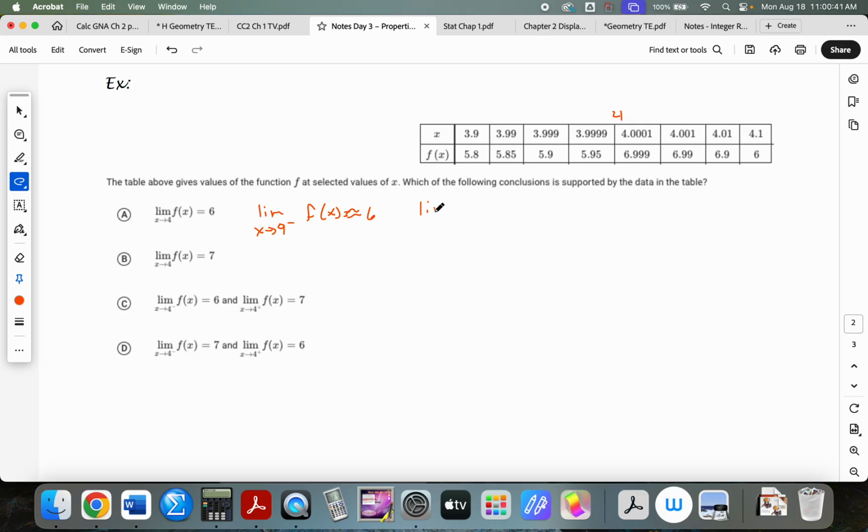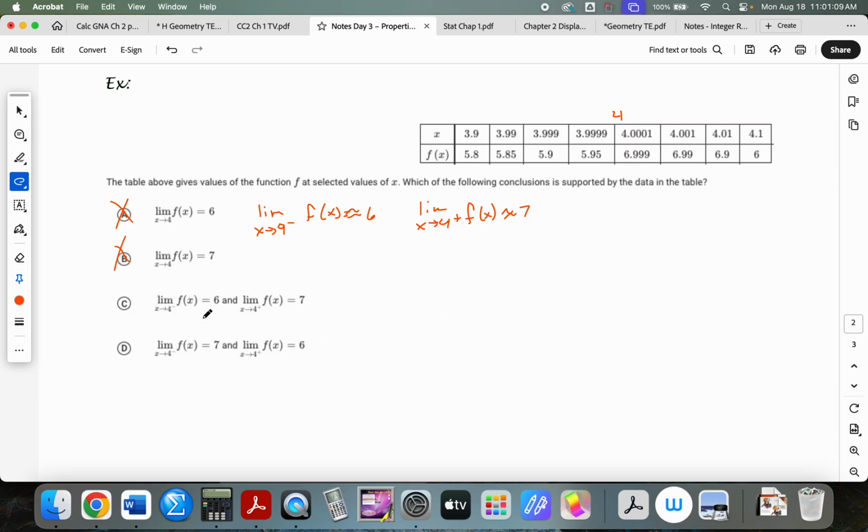But what about from the right? 7. Yeah, maybe 7. So it's not that one. This one says the limit as x approaches 4 of f of x is 7. Well, from the right.